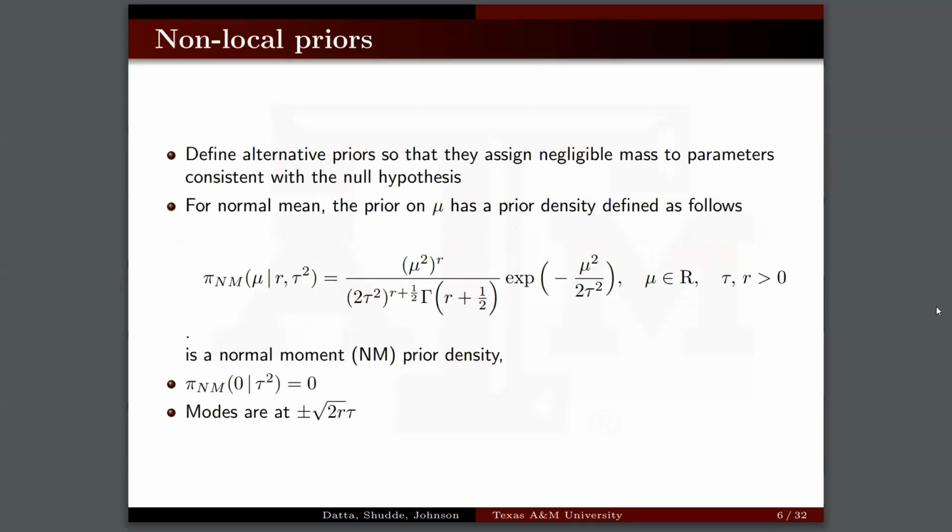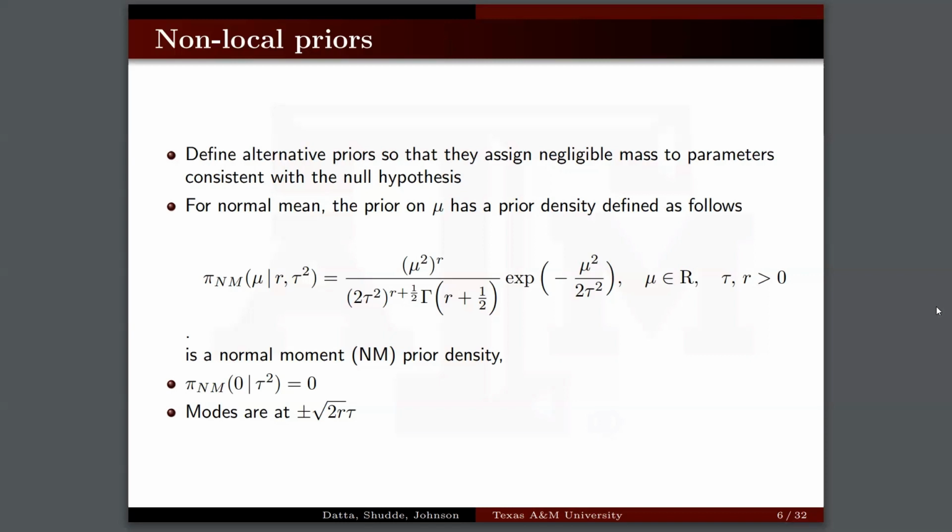What a non-local alternative prior is: these are priors that assign negligible mass to the parameters that are consistent with the null hypothesis. So if 0 is your null hypothesis of interest, a non-local prior would typically look like this, which would separate your null space from the alternative space. So it would assign 0 mass to your null space.